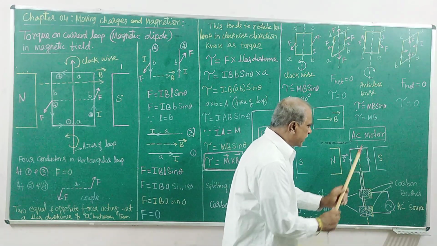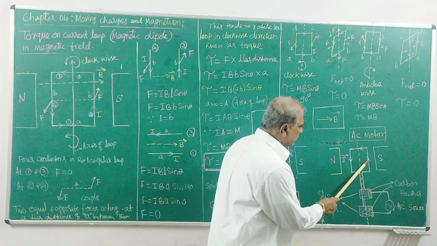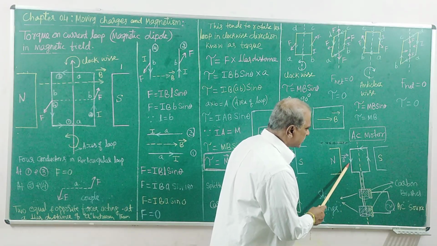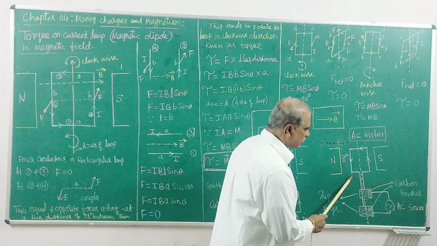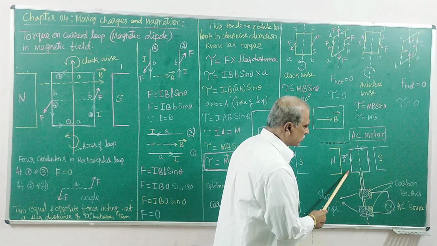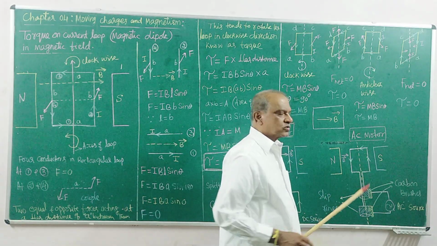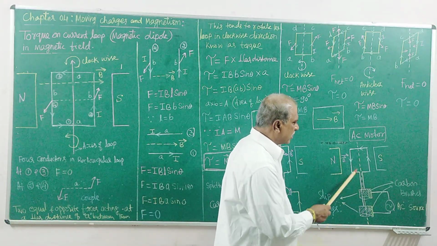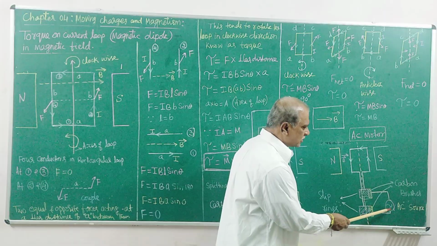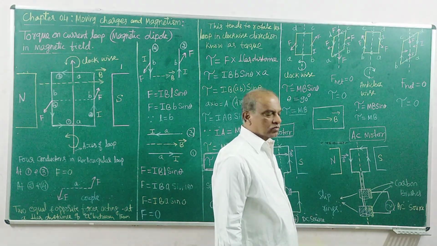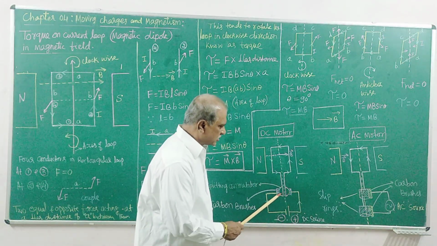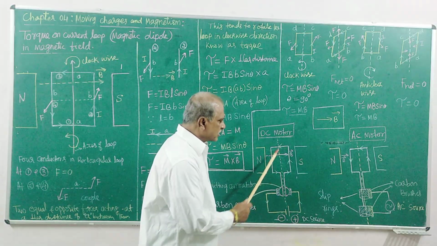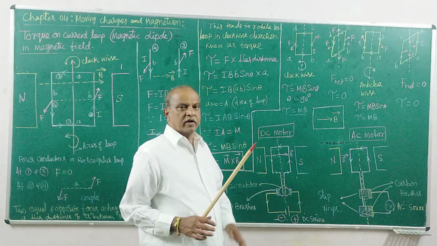When it rotates through 180 degrees and comes here, the direction becomes minus, not the same direction. In this device the terminal remains the same, but the current reverses by the AC source. Here the terminals change, the current direction remains the same, and the current reverses by the terminal change, because the design is different.